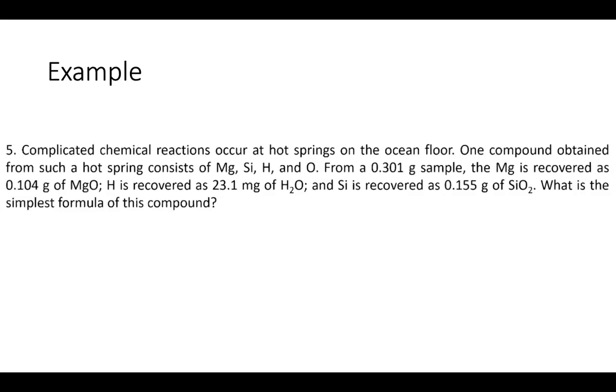Well, that's similar to how in a combustion reaction, my carbon from my unknown compound is recovered as CO2, right? All it's saying is that the magnesium in your unknown compound is later found in the form of magnesium oxide, hydrogen is found in the form of water, and silicon in the form of silicon oxide. So although this isn't a typical combustion problem, they're really asking you to do the same thing, okay?